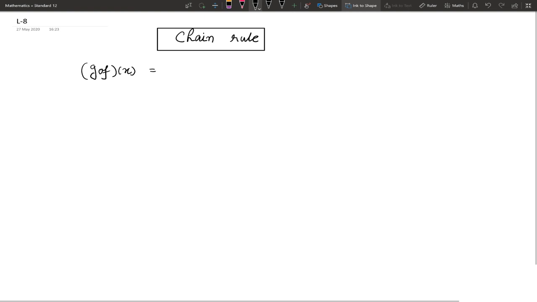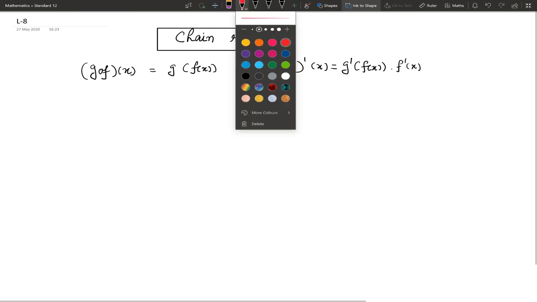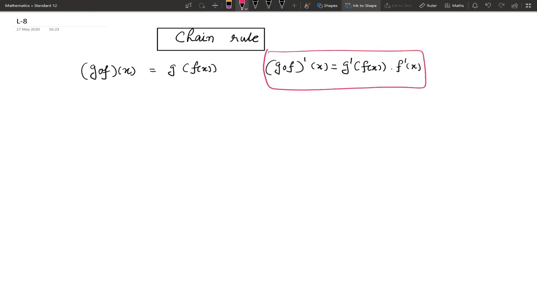The rule says that the derivative of g of f of x is g prime of f of x into f prime of x. This is the chain rule.